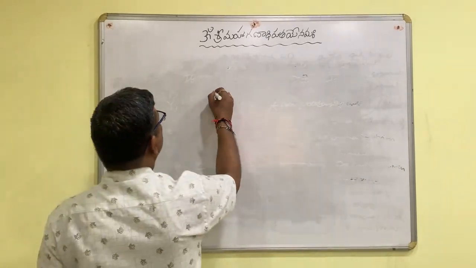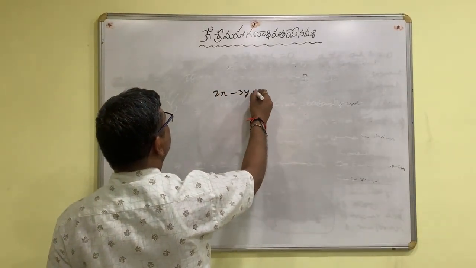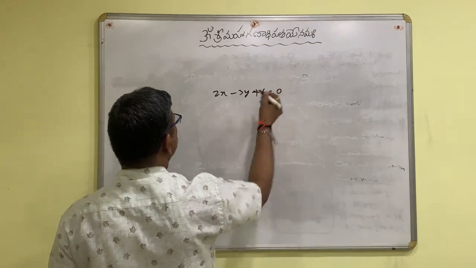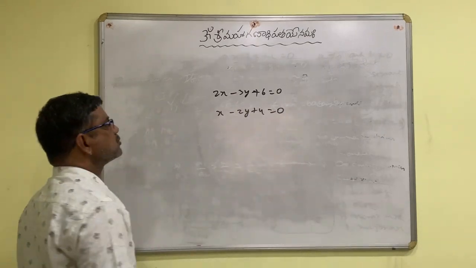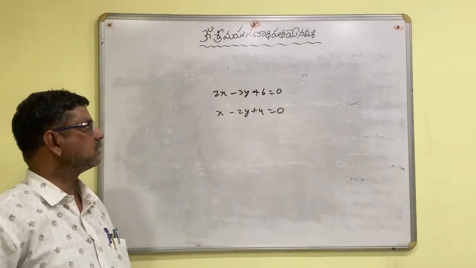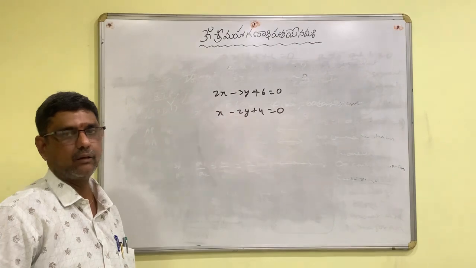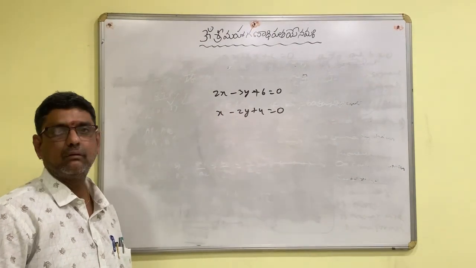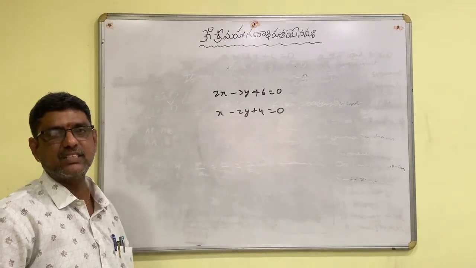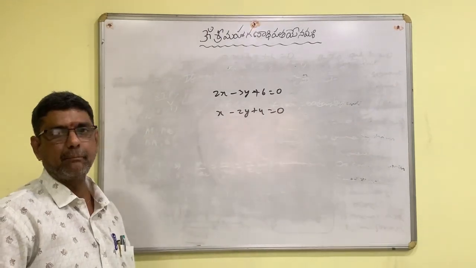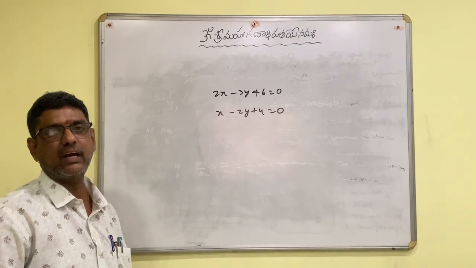See here, 2x minus 3y plus 6 is equal to 0, x minus 2y plus 4 is equal to 0. Observe this pair. Now, while seeing, we can say whether they are parallel lines, intersecting lines or coincident lines.